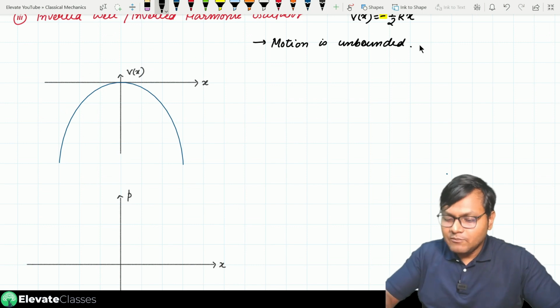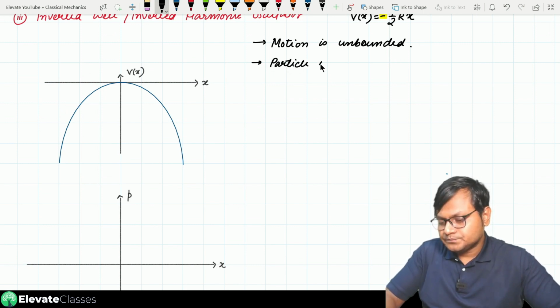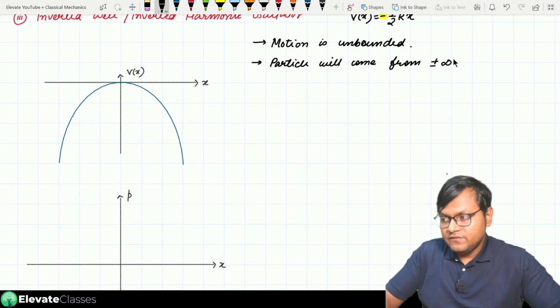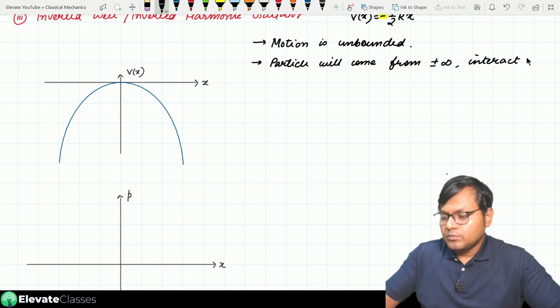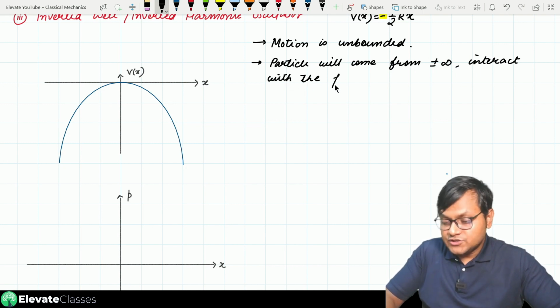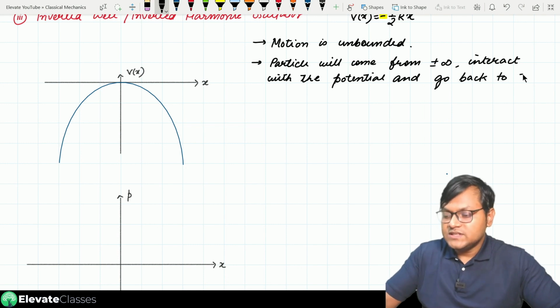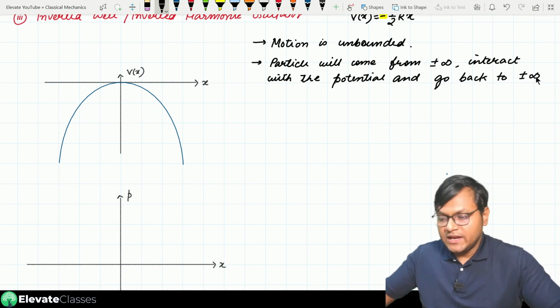So particle will come from plus minus infinity, interact with the potential, and go back to plus minus infinity. It is not bound to any kind of a region.